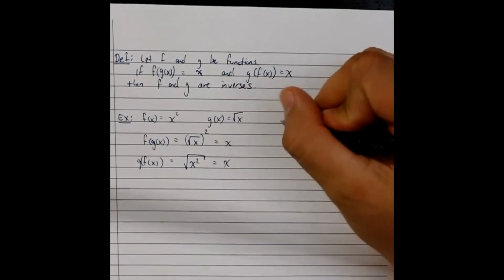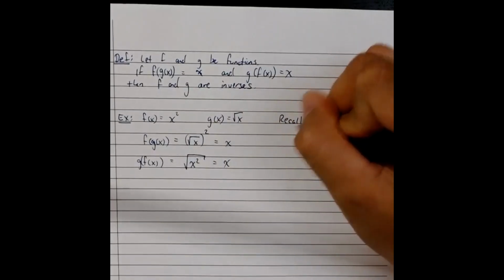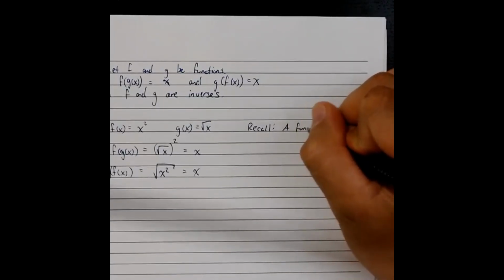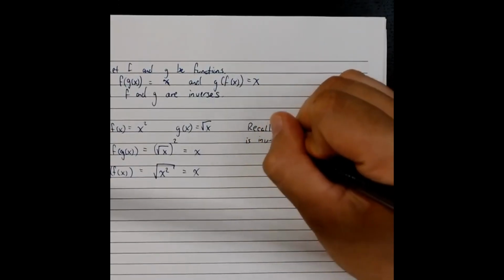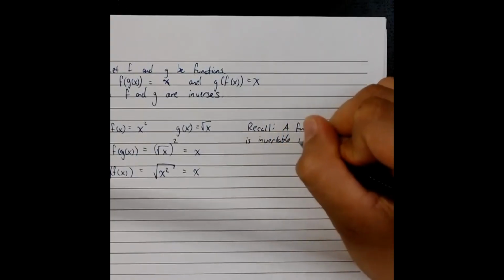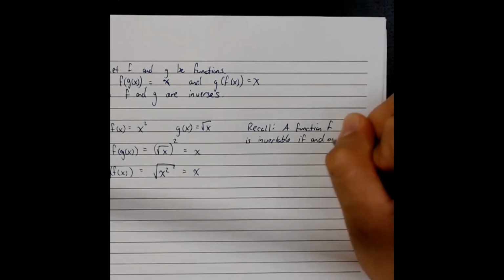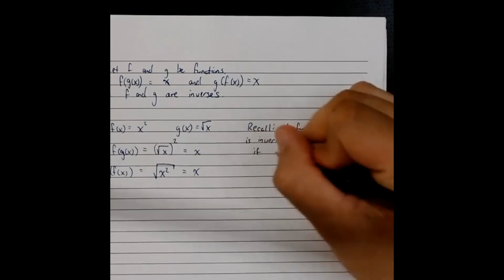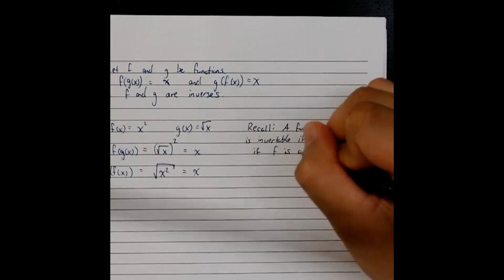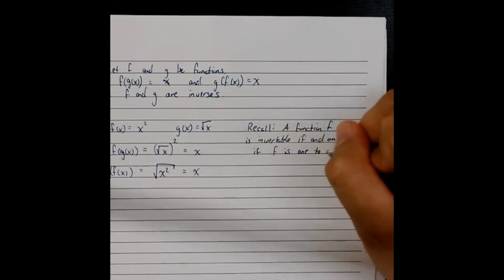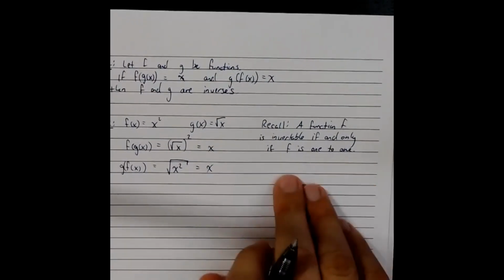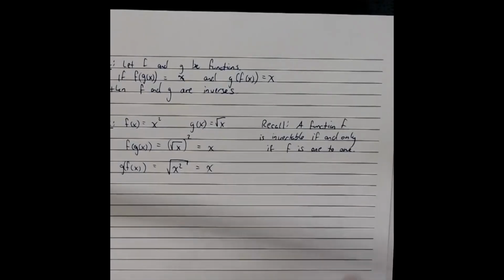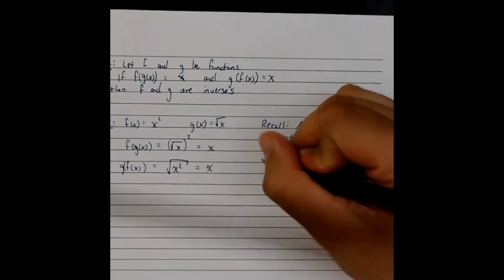So here I'm going to say, recall that a function f is invertible if and only if f is 1-to-1. Being 1-to-1 essentially means every x value is paired with a unique y value, and every y value is paired with a unique x value.